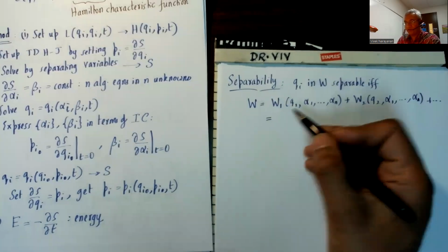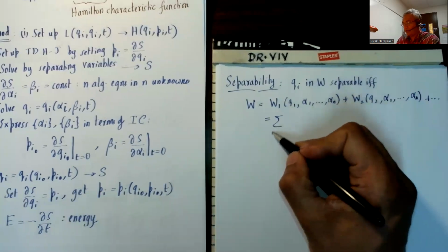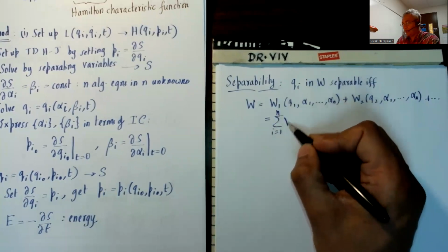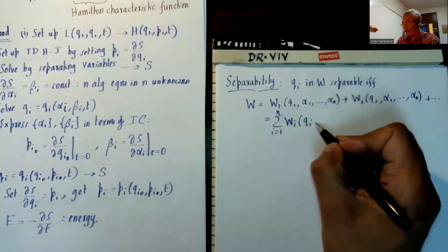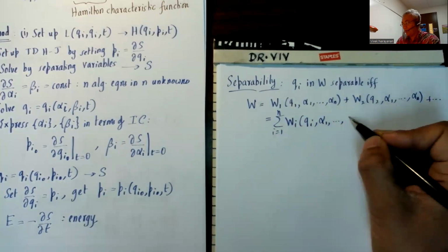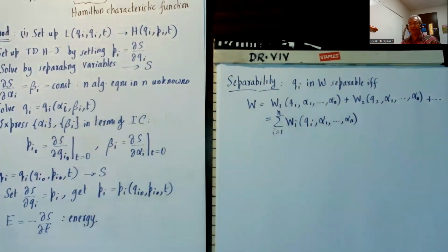In other words, you can write it as a sum from i equals 1 to n, Wi of Qi, alpha 1 up to alpha n. Now, this complete separability is, of course, an unrealistic prospect.